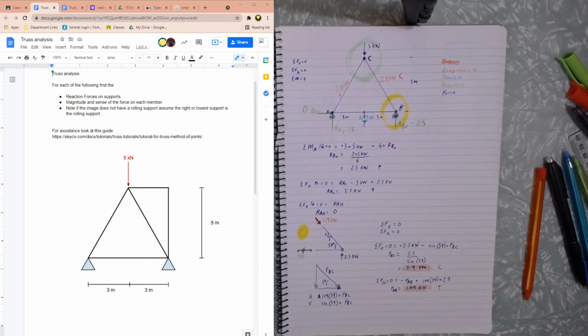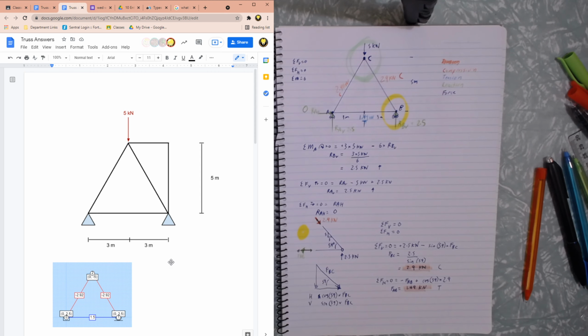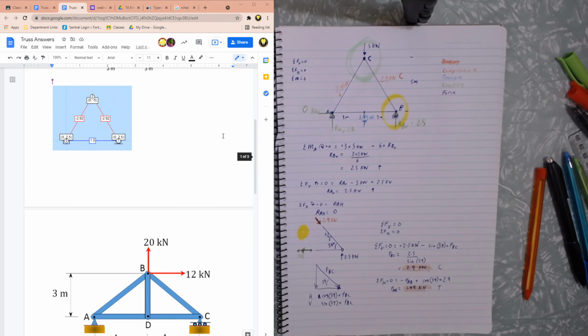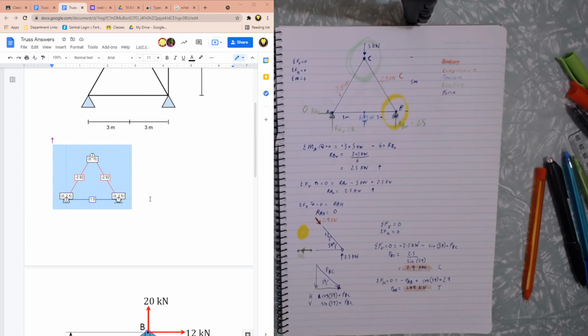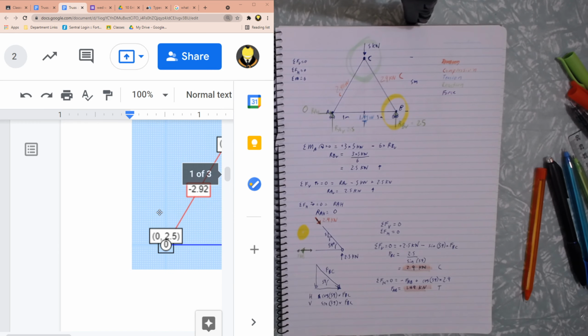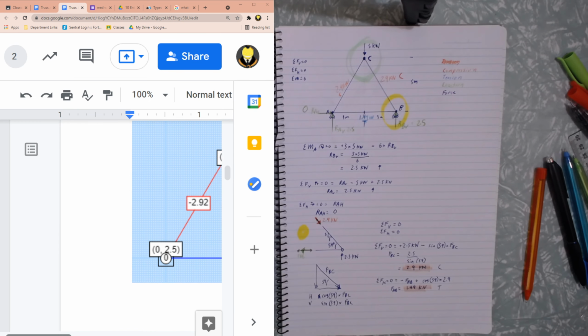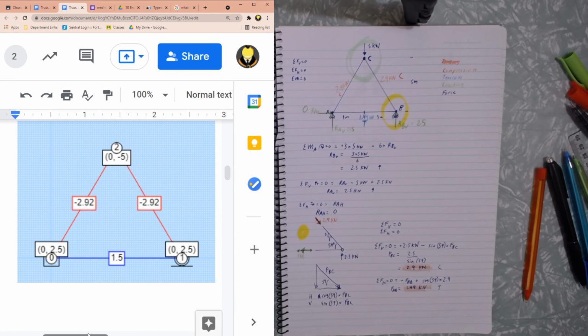If we look at the examples and the answers popping up over here, we see that they use negatives to determine compression.